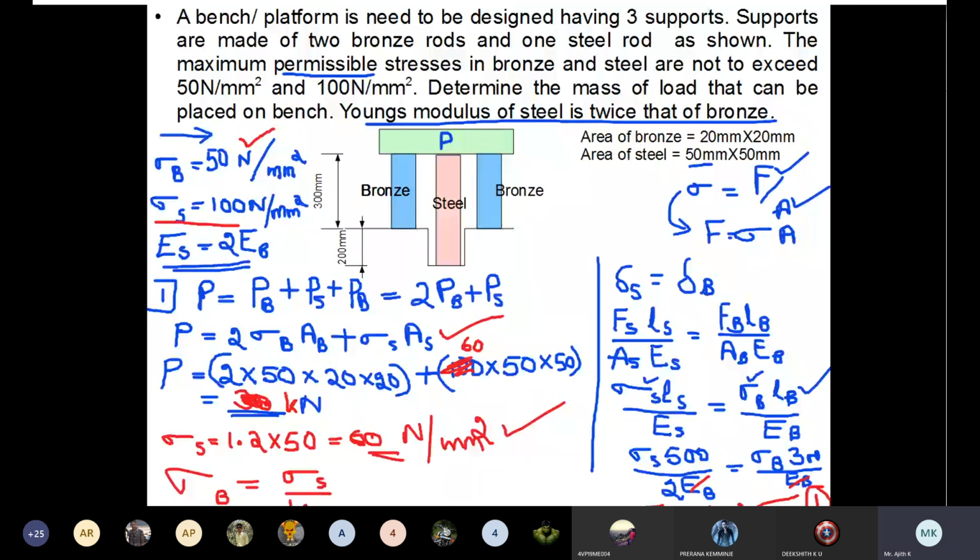Sigma S is 60 divided by 1.2. You will get exactly 50.